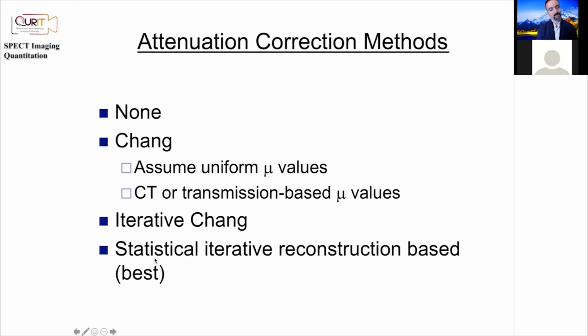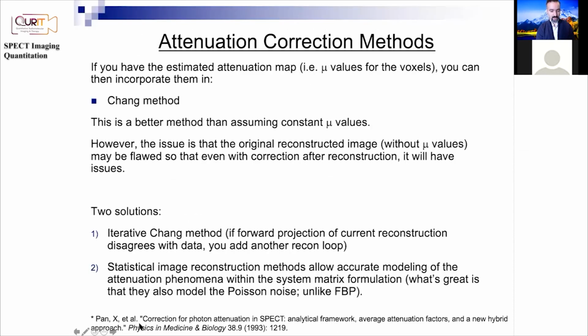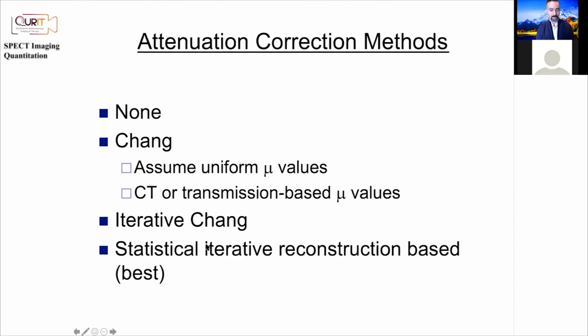But really, doing comprehensive statistical iterative reconstruction, when everything is properly modeled, is the best approach, and that is really what's made a tremendous difference, at least with regards to doing nothing, right? These two methods might, I mentioned the paper here. You could refer to it for some interesting frameworks of doing iterative Chang, but at the end of the day, this is more statistically sound, and it makes a lot of sense to do this kind of modeling.